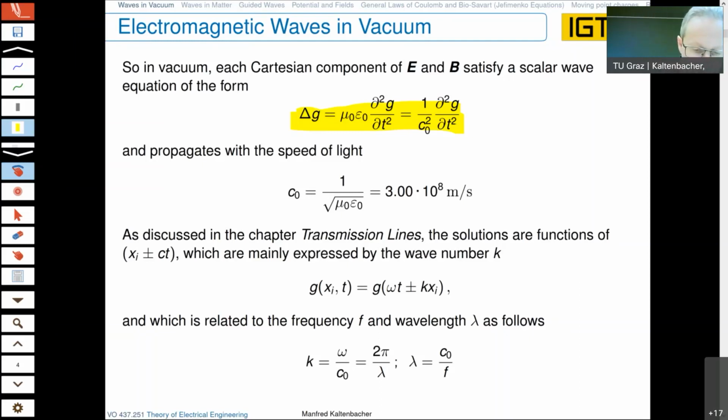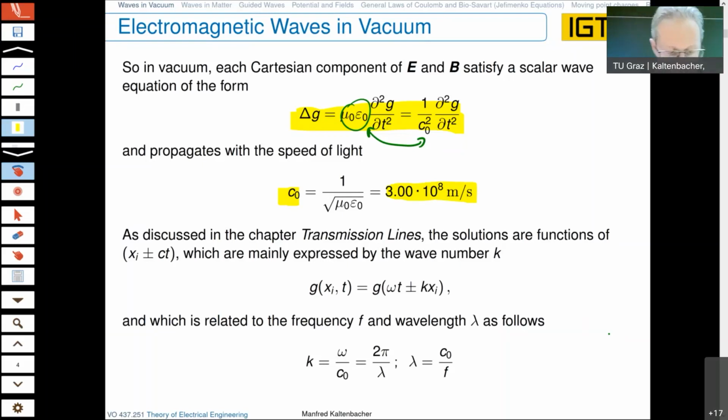And this part, what we have here, is related to the speed of light. And the speed of light, as we know, is 1 over the square root of the permittivity scaled by the permeability, as we are now here in vacuum, and has this value of 3 multiplied by 10 to the power of 8 meters per second.